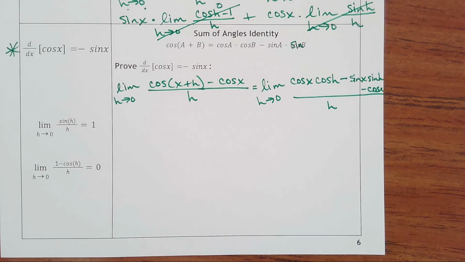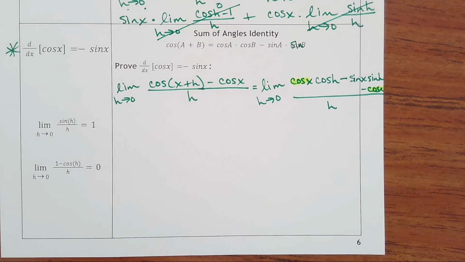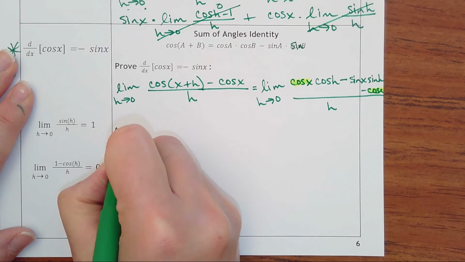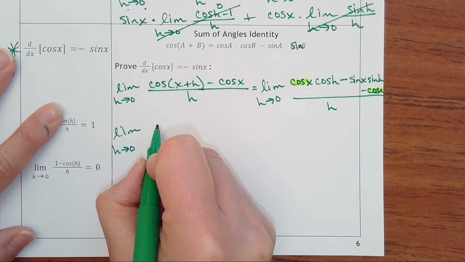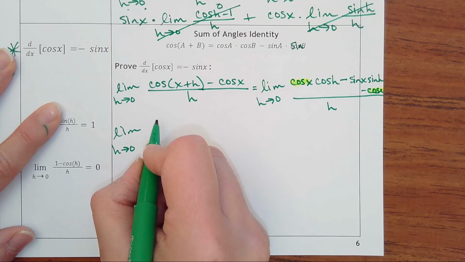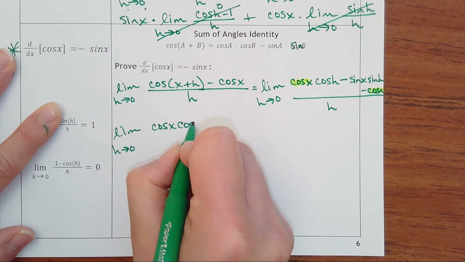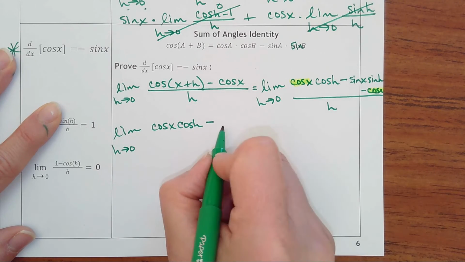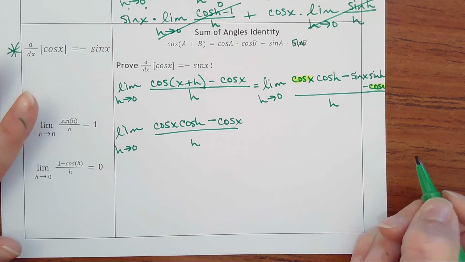Okay, and then again we need to look for how we can regroup this so that I can factor something out. Well, I see a cosine of x here and here. So let's rewrite it so that we have the limit as h goes to 0 of cosine of x, cosine of h minus cosine of x over h.